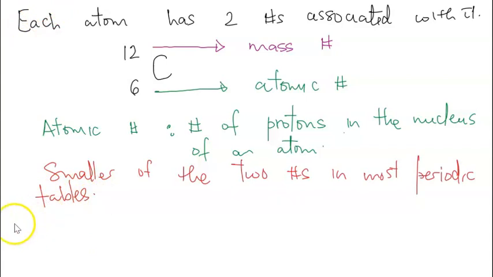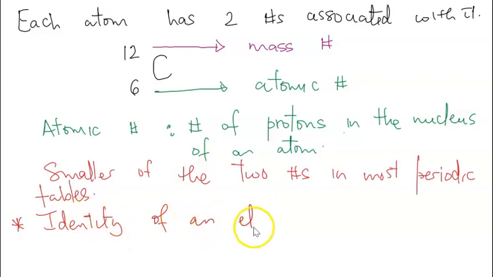The atomic number gives us the identity of an element, because we can have more than one atom of an element having the same atomic number, but the mass number is different. We will look at those cases further on. So we have our atomic number, which is the smaller of the two, which tells us the number of protons in the nucleus of an atom.